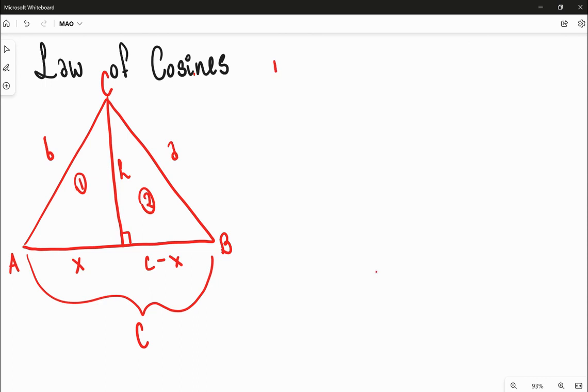On triangle 1, x squared plus h squared is equal to b squared. In triangle 2, let's do cosine A is equal to x over b. So these two are true statements because you have those right triangles here.